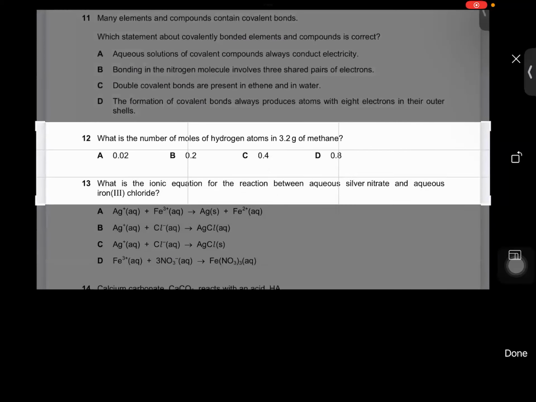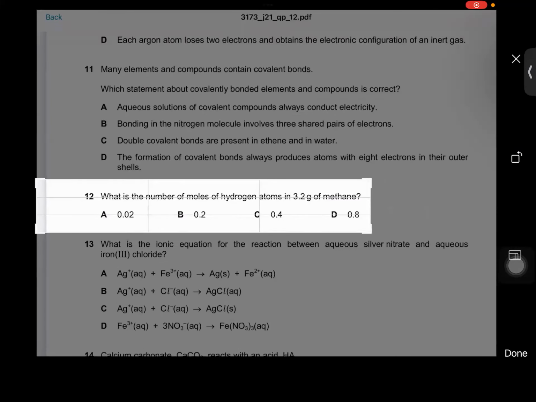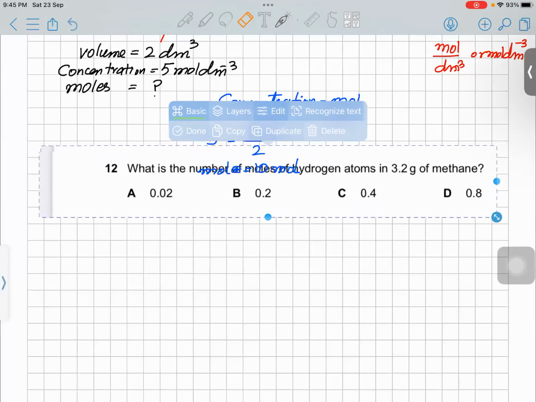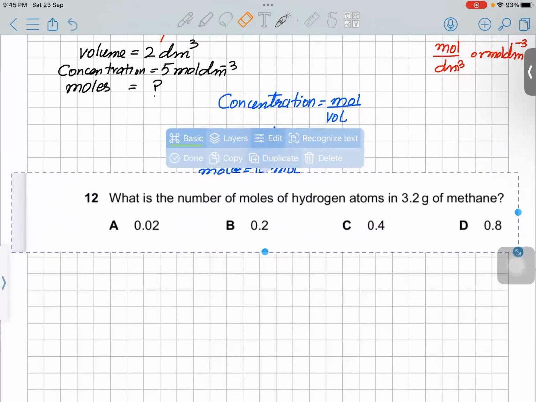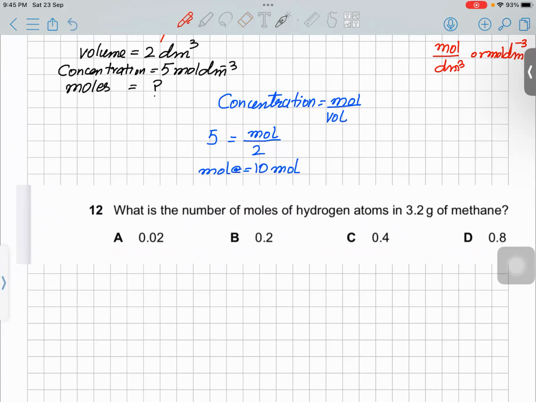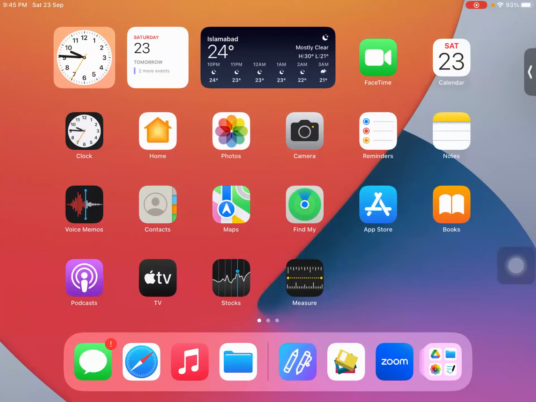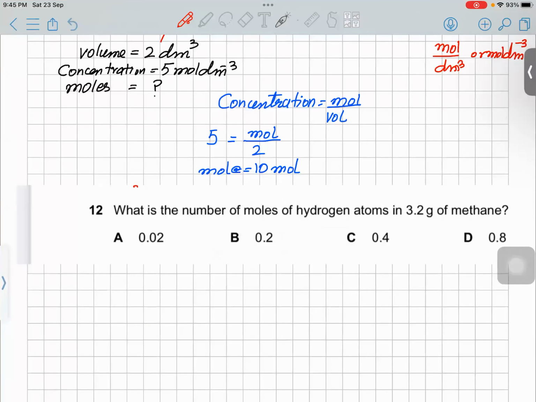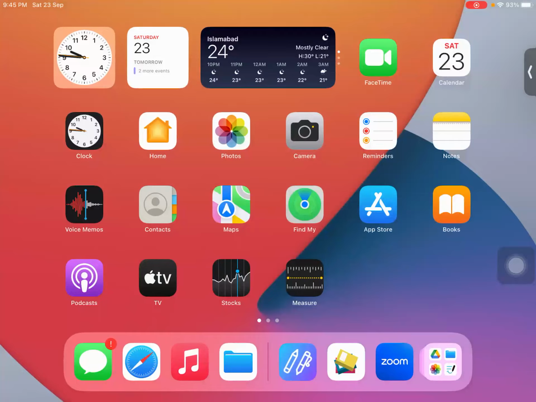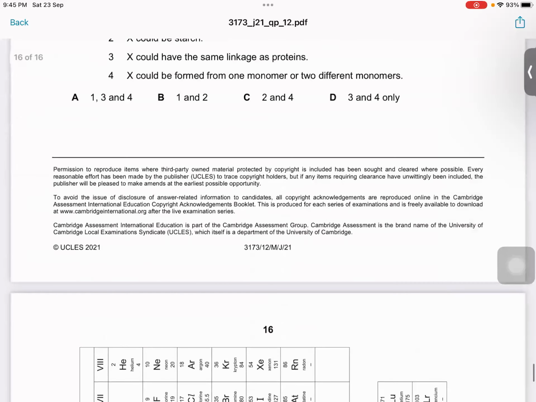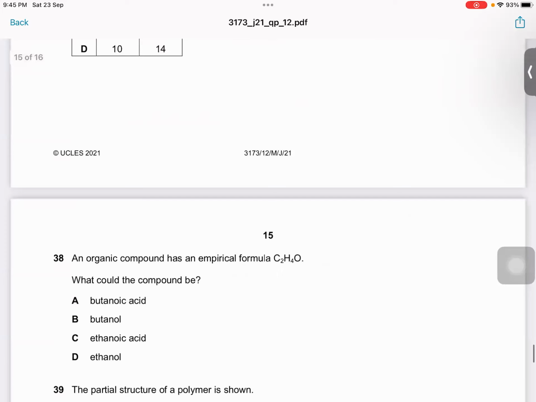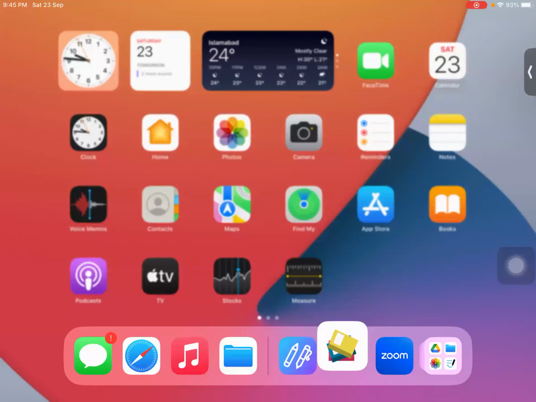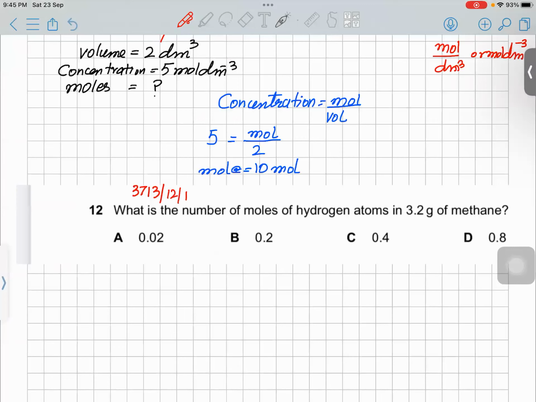Now, this is the question. 3713, variant 12, May June 2021.